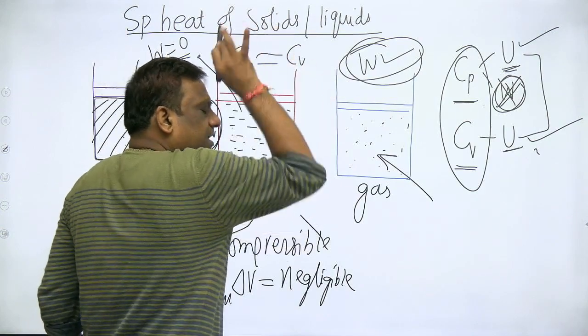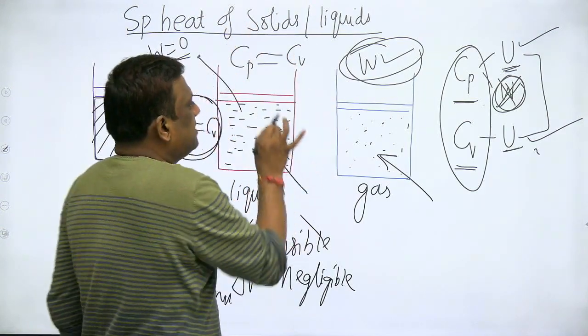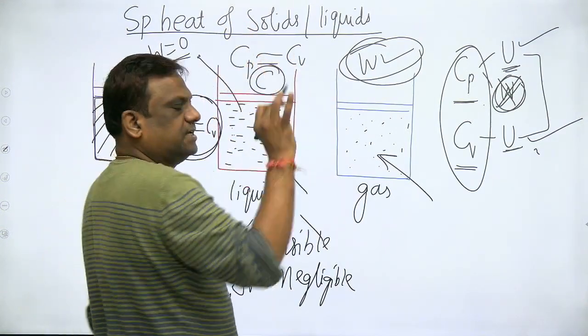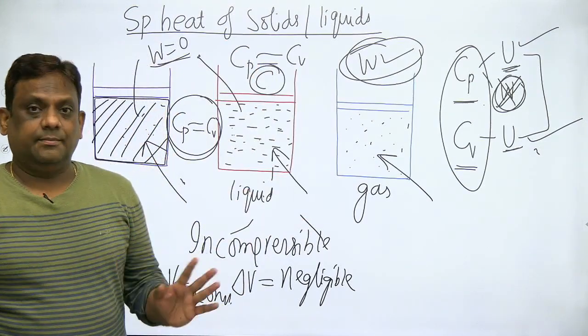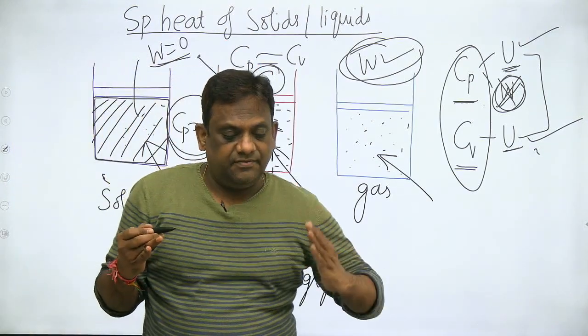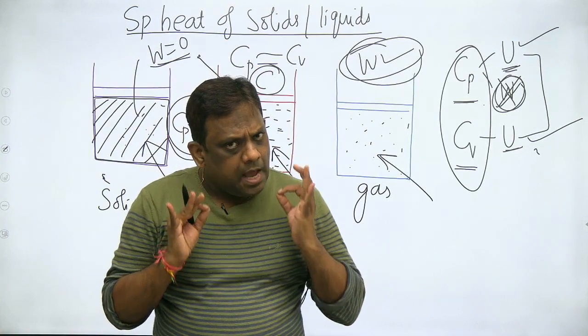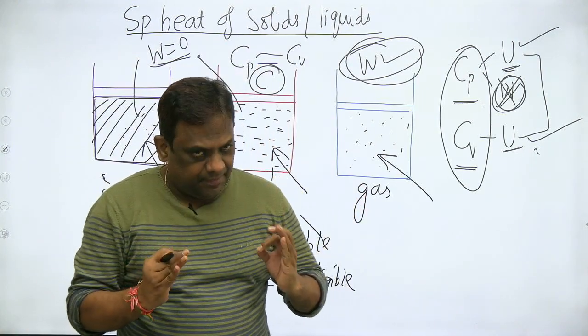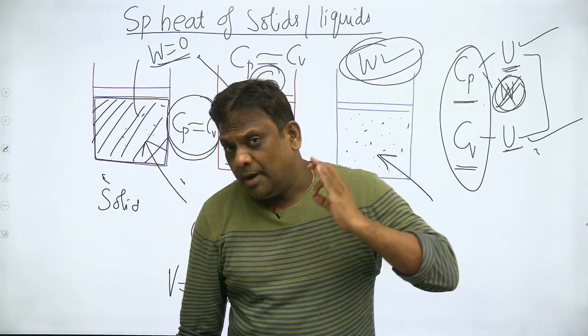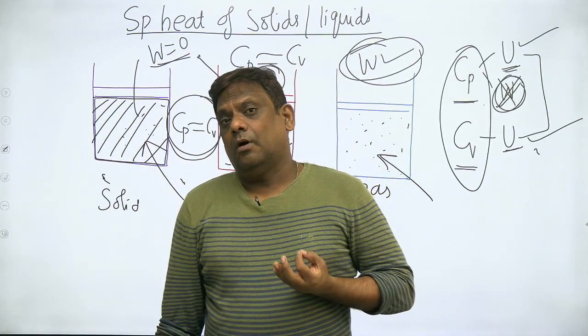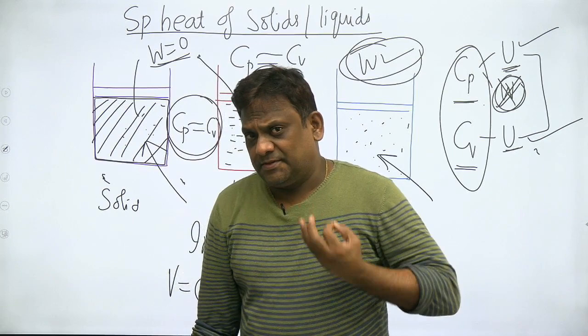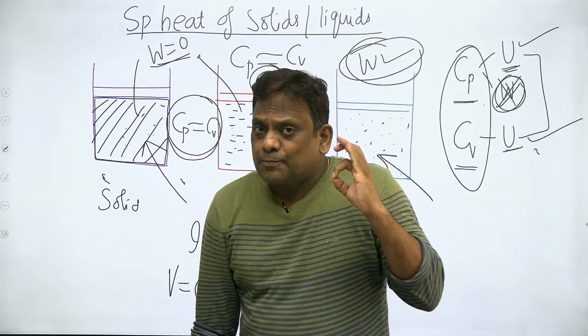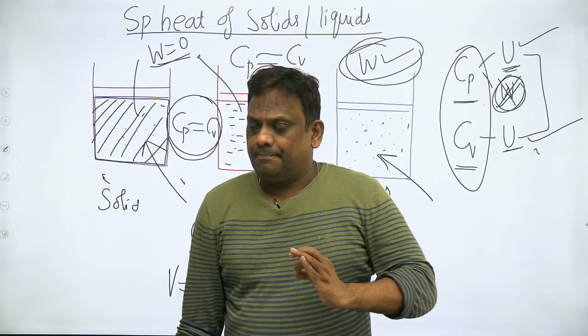So from today, whenever we come across solids and liquids, I take only C. That is CP or CV or C, all are same. But for gases, CP and CV are different. So now whatever is required for my further analysis, I'm stopping here about specific heats. Now you may be wondering, sir, will you teach something more about specific heats? Definitely. How specific heat is varying with temperature?